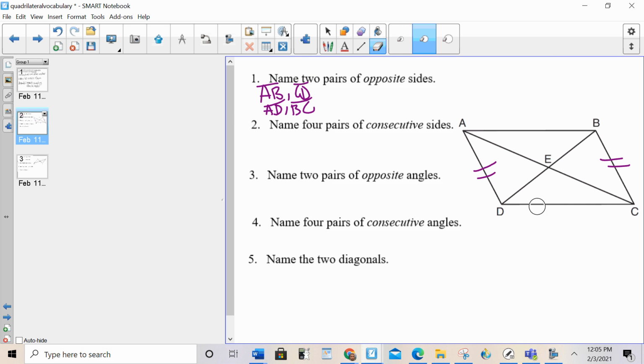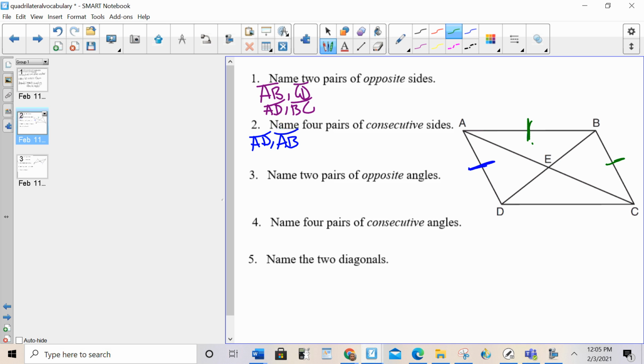Name four pairs of consecutive sides. So consecutive sides are sides that are one after another. They are sides that touch. So AD and AB would be a pair of consecutive sides. AB and BC would be a pair of consecutive sides.